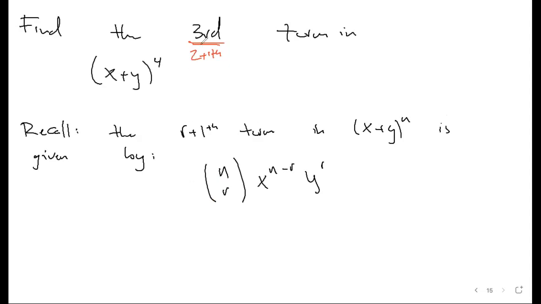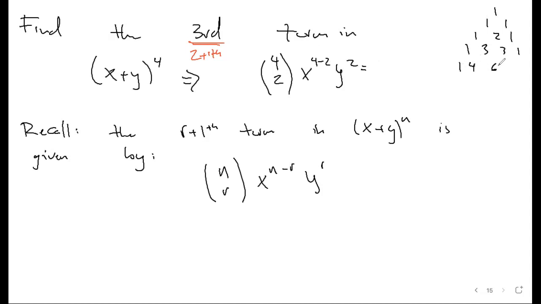So if I want the third term in x plus y to the 4th, I know that that's going to be 4 choose 2 x to the 4 minus 2 y squared. And 4 choose 2, what is that? Well, I'm going to use my Pascal's triangle. Four choose 2 is, let's see, 0, 1, 2.